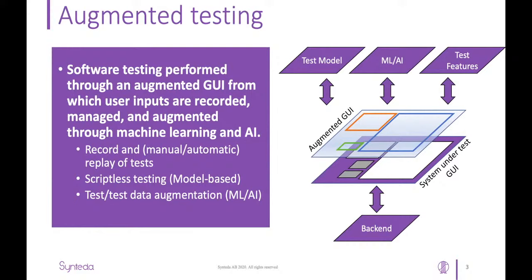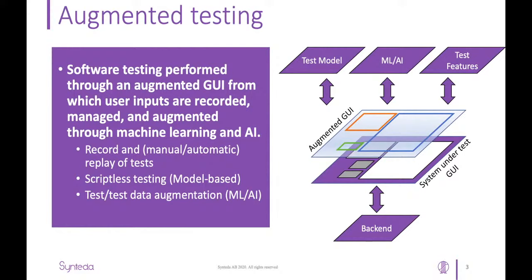The idea is that instead of interacting directly with the system on the test UI, the user instead interacts with the augmented UI, giving that input both for interactions like traversing the application through clicks, or drag and drop or whatever it might be, as well as data such as typing in usernames, keywords, input data.